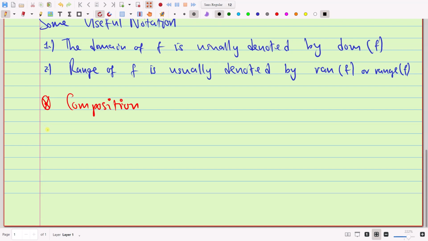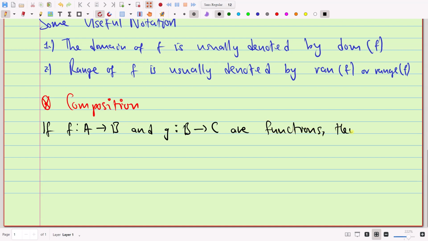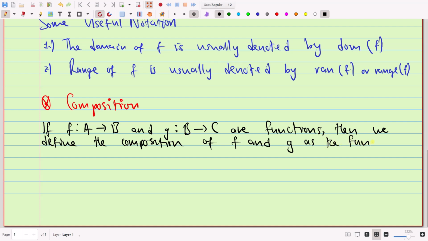So what is composition? You see. So if f from A to B and g from B to C are functions, then we define the composition of f and g as the function.